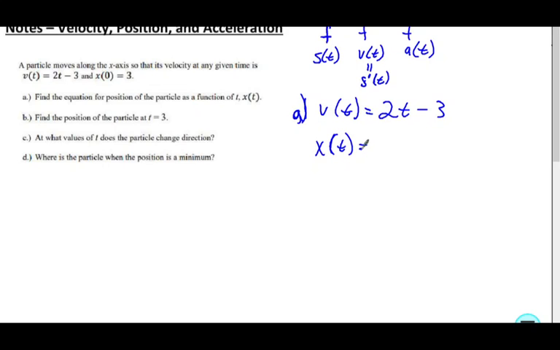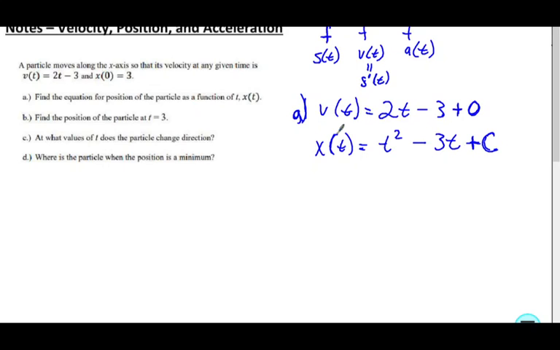What do we take the derivative of to get 2t? Well, that's t squared. Minus, what do you take the derivative of to get 3? That would be 3t, because the derivative of 3t is 3. Now, there is a 0 at the end, so what do you take the derivative of to get 0? Well, that could be some constant c, because the derivative of any constant is 0.